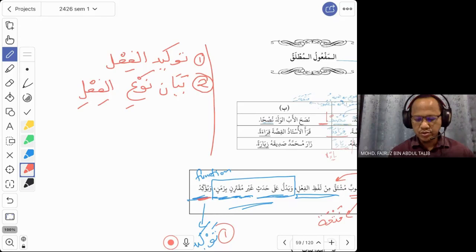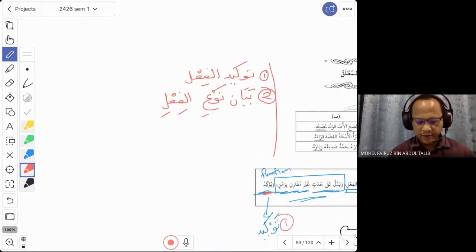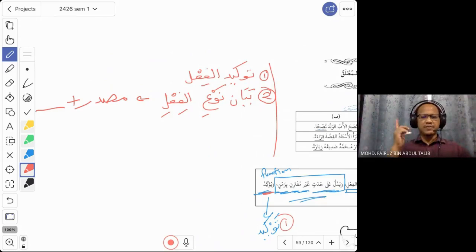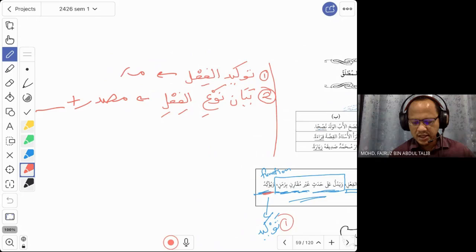In order to do this, bayan nau' al-fi'l, you need to have the masdar plus another word, not just one masdar. For tawkid al-fi'l just now, you just put the masdar and that's it. If it is only the masdar, then the function is tawkid.